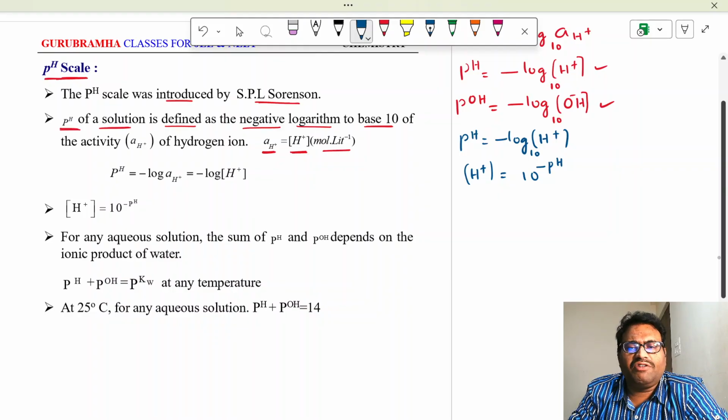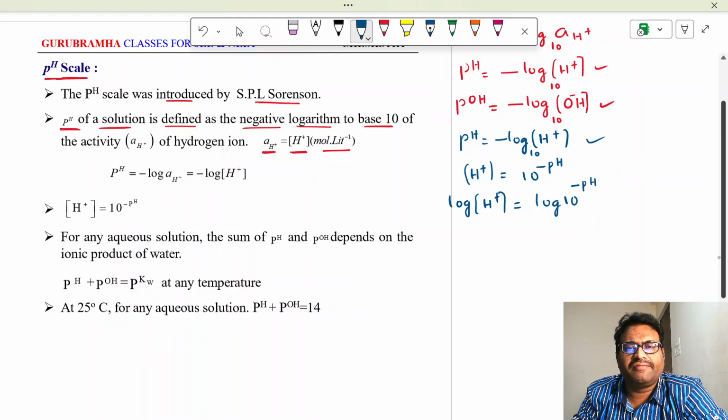If pH is equal to minus log H plus ion concentration, then H plus will be equal to 10 power minus pH. Or otherwise, let us take the logarithm on both sides. Log H plus ion concentration is equal to log 10 power minus pH. Then log 10 power x is equal to x log 10, we know that.